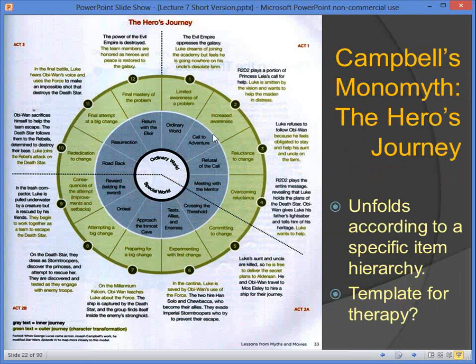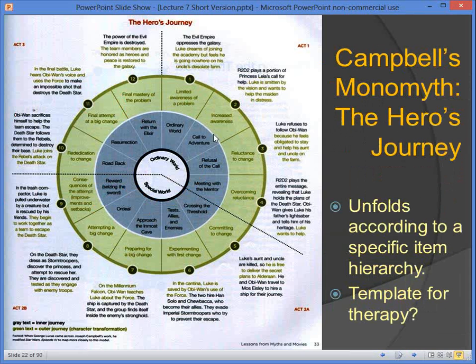I'm not going to go into this slide in any depth, but this is an interesting idea. Joseph Campbell is a guy who was very into mythology. He wrote a number of books. He's one of the most famous people in the field in terms of the study of mythology. Campbell had something called the monomyth, or the hero's journey, and he derived this structure as a result of his review of the mythological literature worldwide.